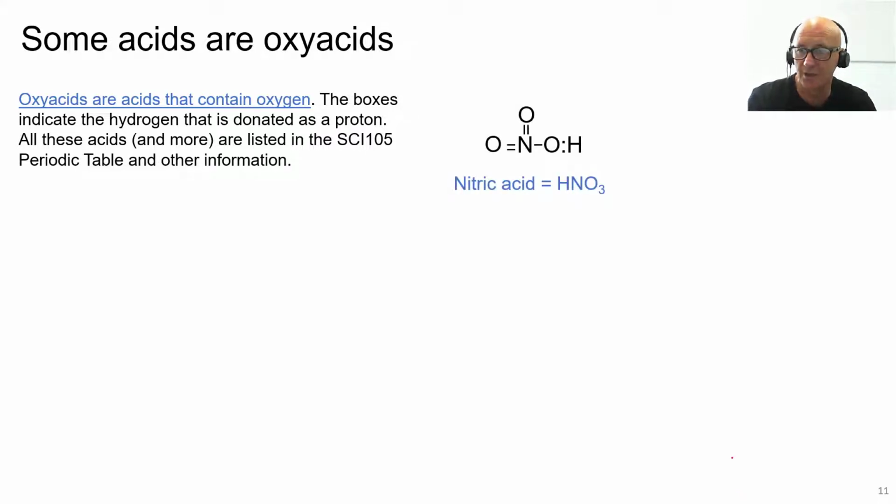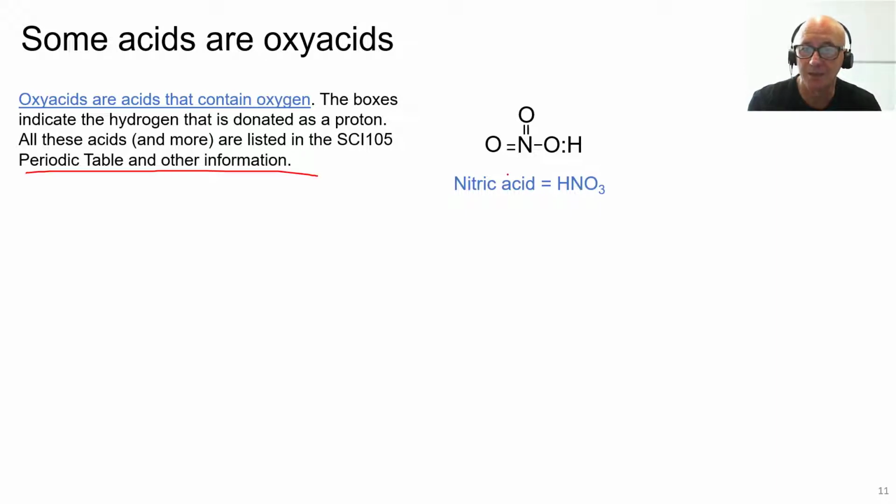Now, these are actually listed in the SCI 105 periodic table and other information. So you don't really have to memorize them. Just make sure you can locate them there.